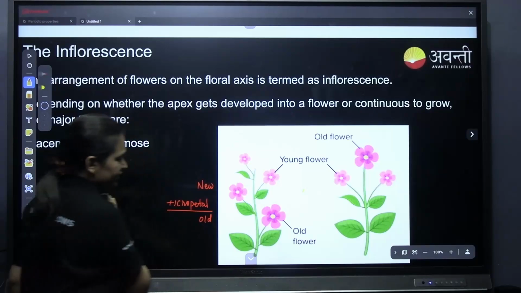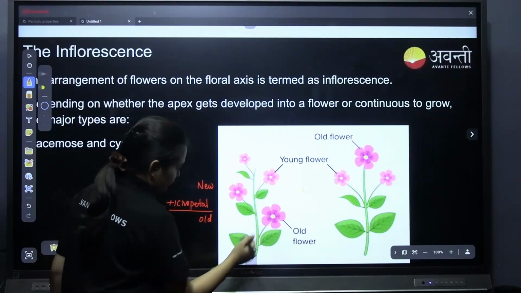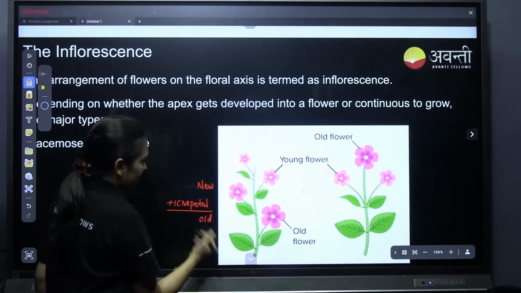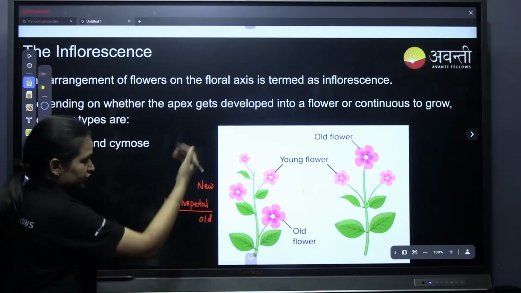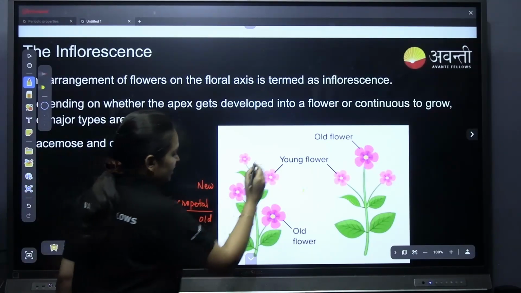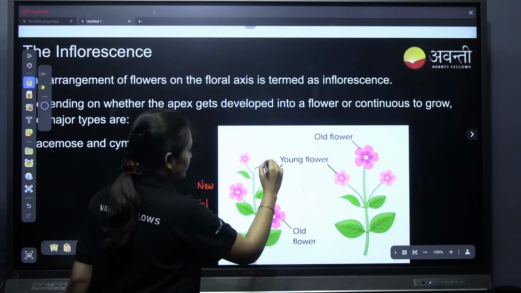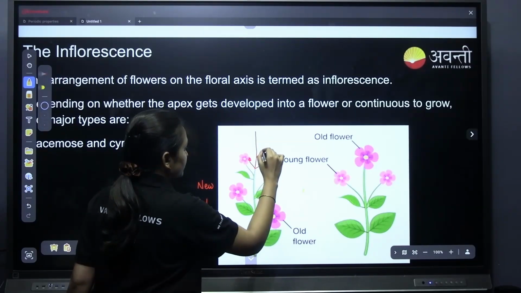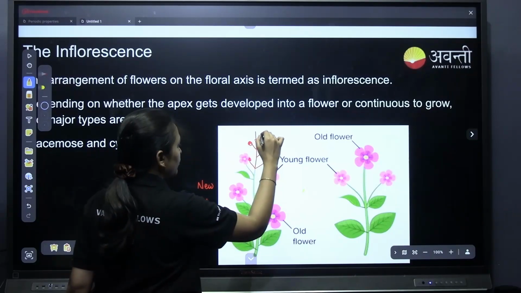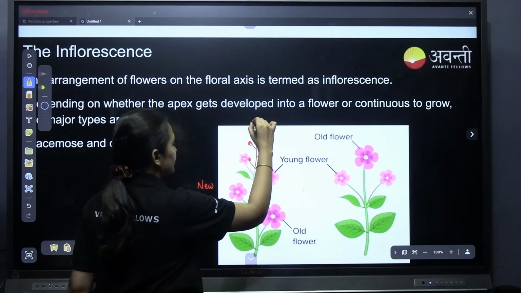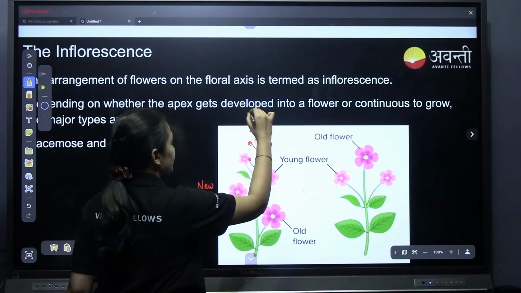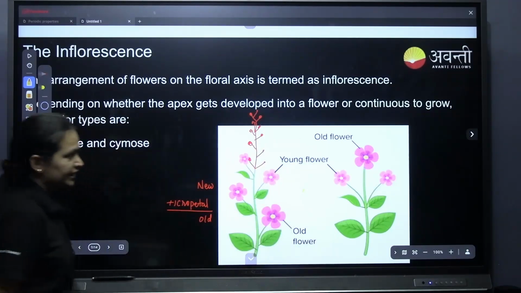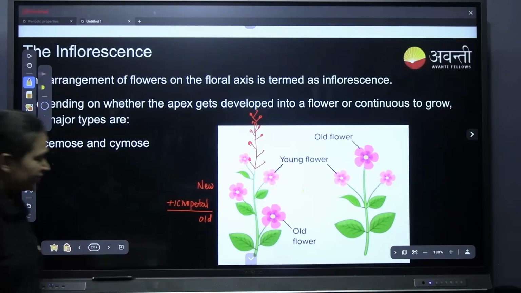If I ask whether they can go on bearing flowers, yes, because as the new flowers are at the top, they can go on indefinitely. That is acropetal succession.